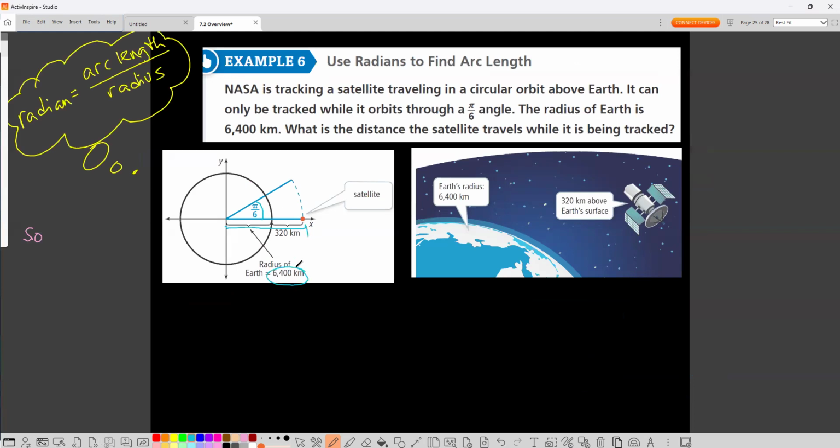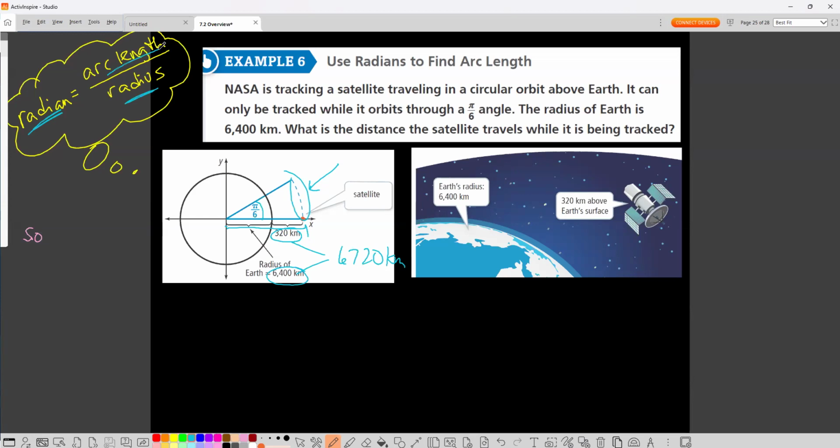If you take the Earth's radius and then add on how far it is above the equator, you're going to get for those two your total radius of the orbit to be 6720 kilometers. If it's asking for the length of this arc right here, remember we had that a radian equaled the arc length over the radius. We talked about that earlier on in a little example.